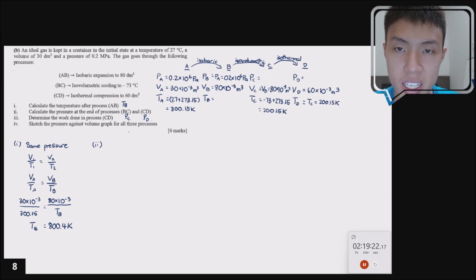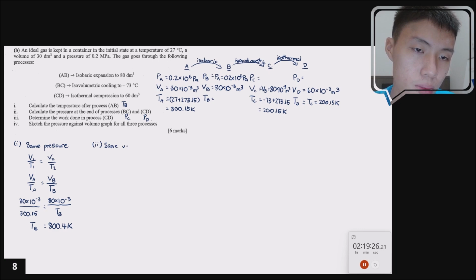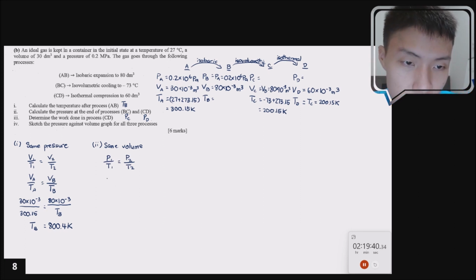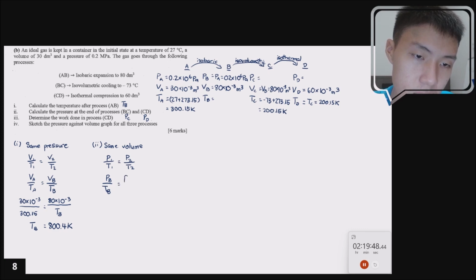PC. To find PC, the process is isovolumetric, so same volume. Because it's the same volume, P1 over T1 equals P2 over T2. Again, I don't know if this is Guy-Lussac's law or Charles' law, one of them. So you compare between B and C: PB over TB equals PC over TC.